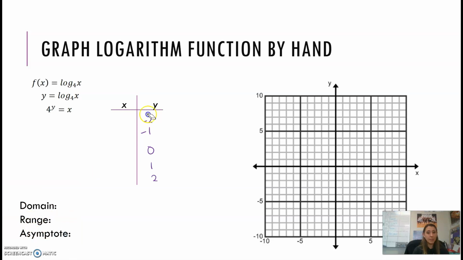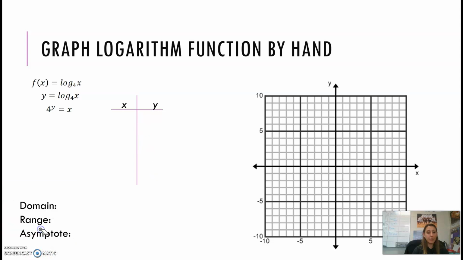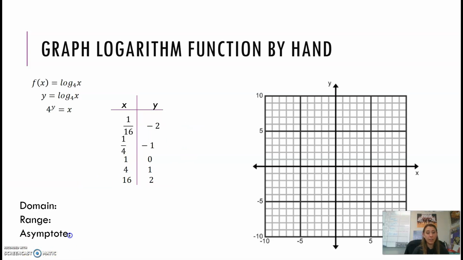When I do that, I plug in those numbers for my y, and I get my x values. So then when I graph that, be careful and make sure you're graphing it correctly.